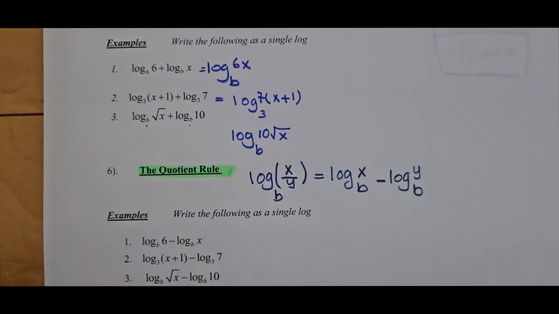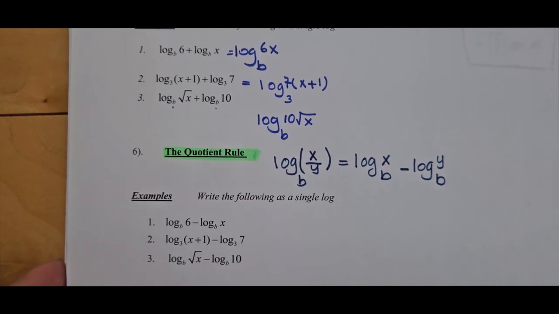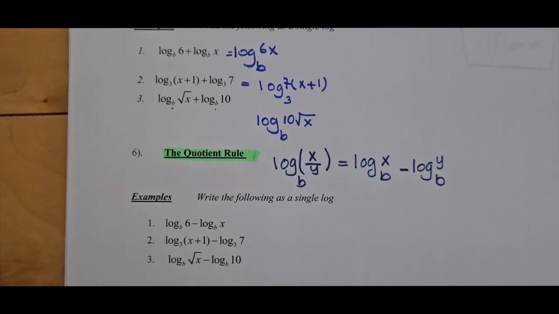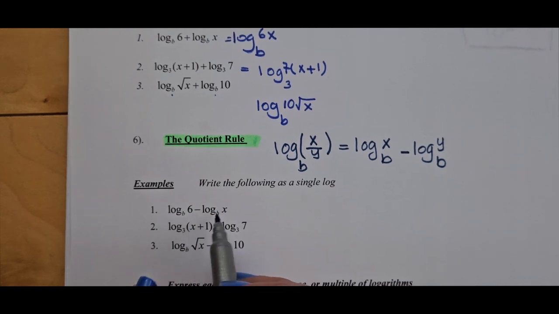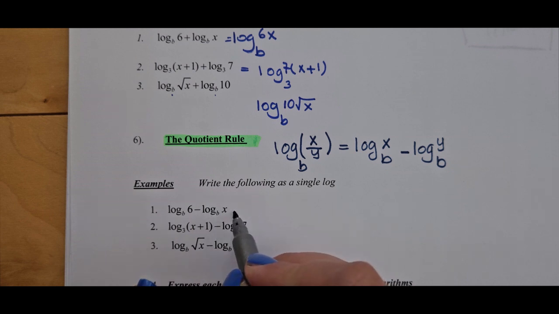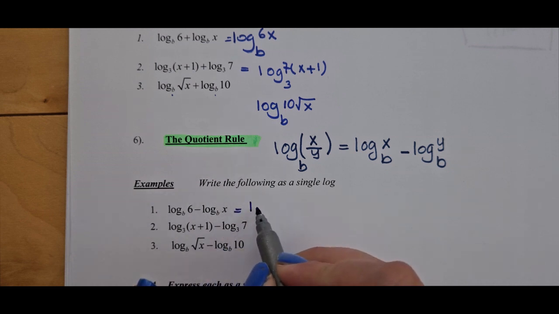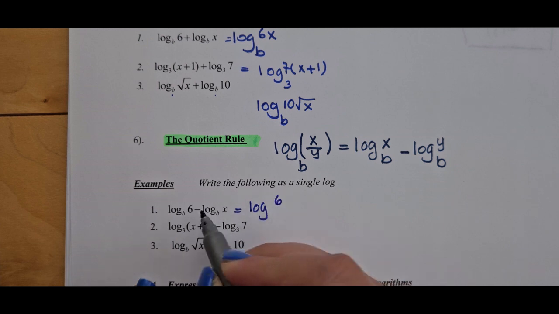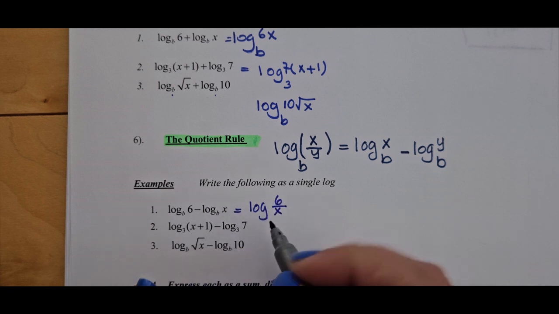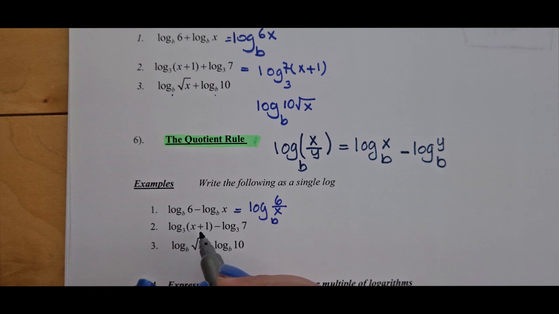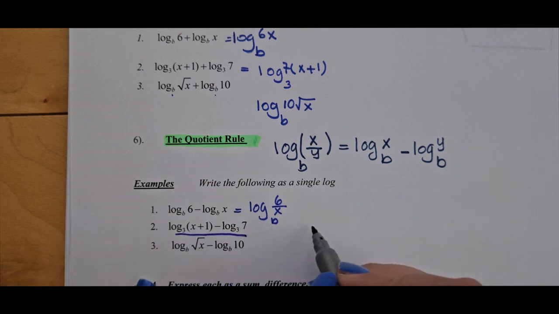So remember, guys, whenever you want to use these rules, you have to follow the exact template. Take a look at these examples. Here, these two are subtracted, so this is the quotient rule. That would be 1 over x base b. How about these two?